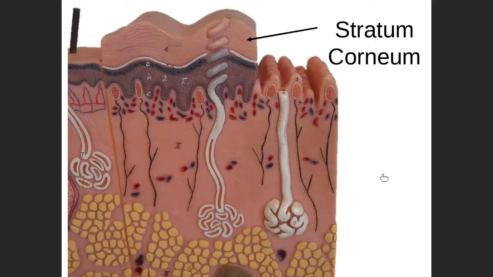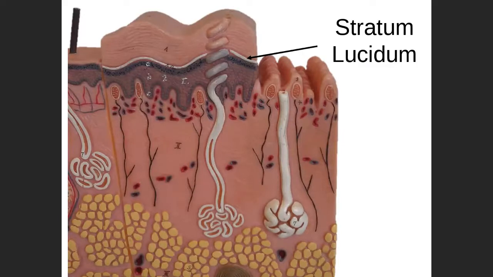Now, if we are in thick skin, the next layer, if you look up here on the screen, does that look like a white line to you? What color does it look like in your book? It doesn't matter what color it is, but this yellow line in your atlas, that's the stratum lucidum.